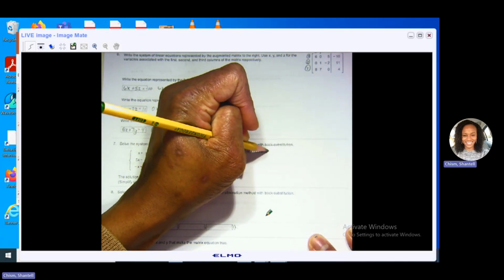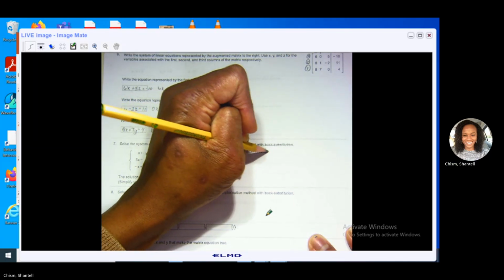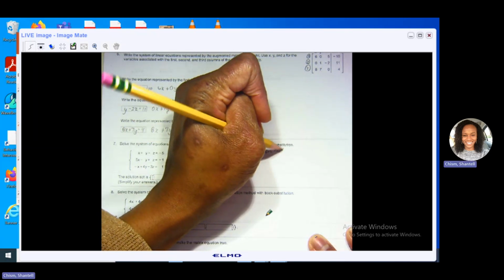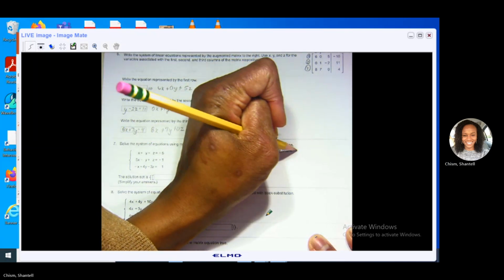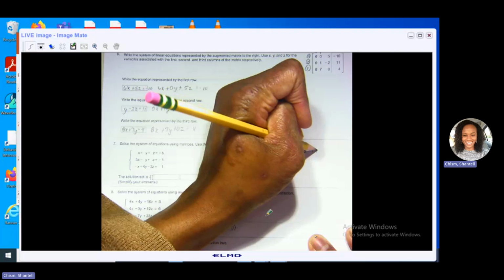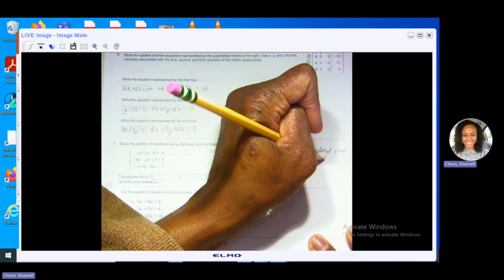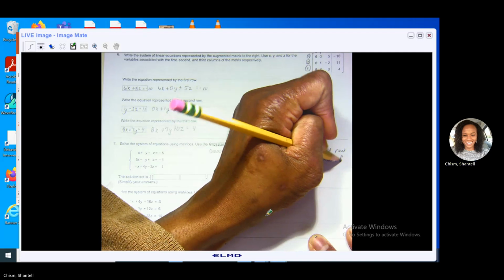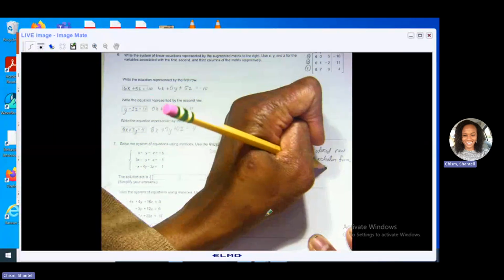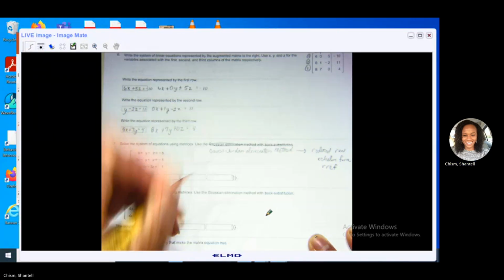On your calculator, this is known as reduced row echelon form, RREF.